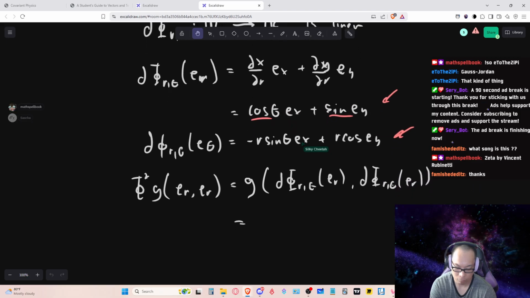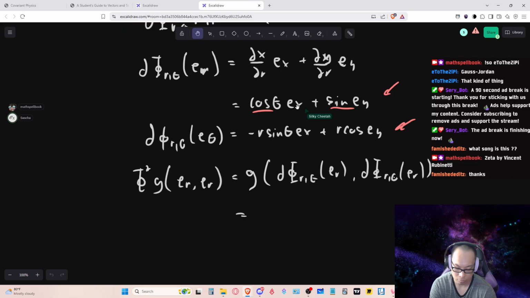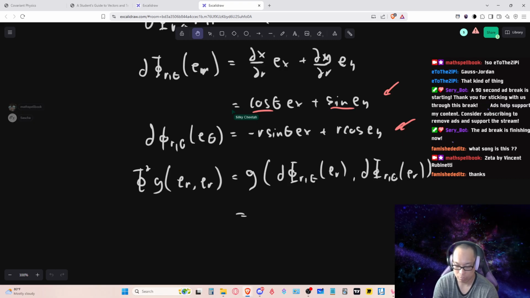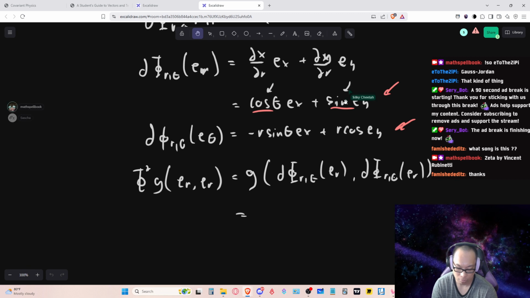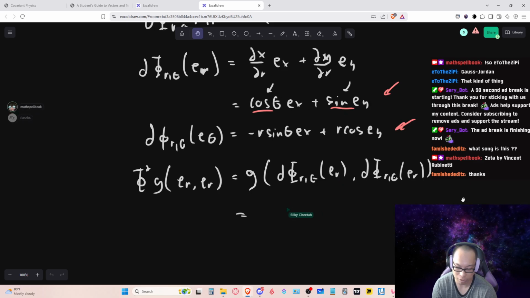Because this is a standard metric. Just the coefficients here. This is EY and EX, so we can't factor those out. No, there is no EX EY.